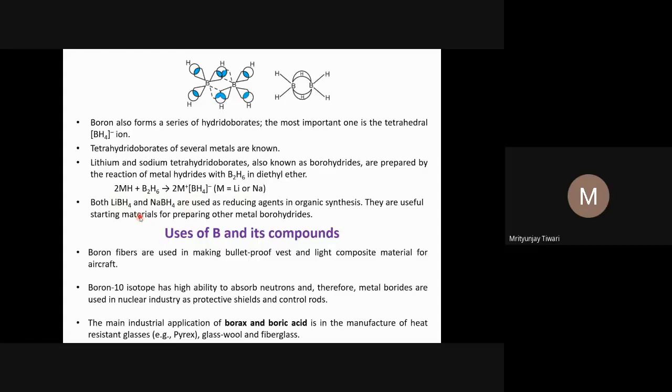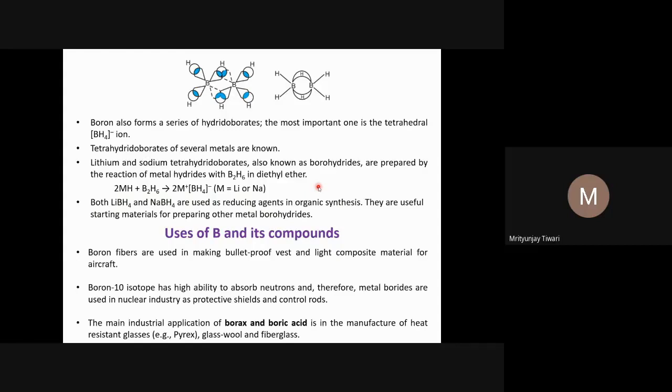So both lithium borohydride and sodium borohydride are used as reducing agents in organic synthesis, and mostly sodium borohydride is more general, more famous, and you will see some of its reactions in the carbonyl chemistry when we study organic chemistry.